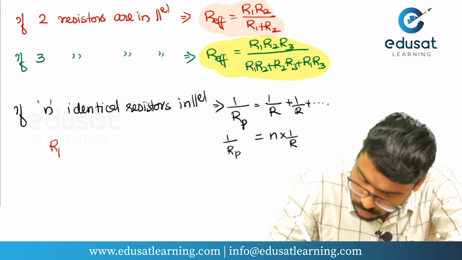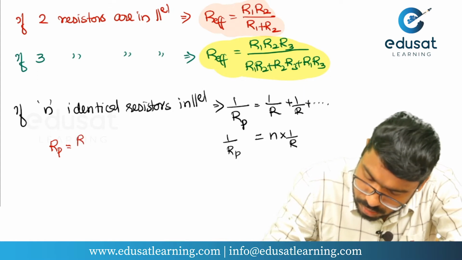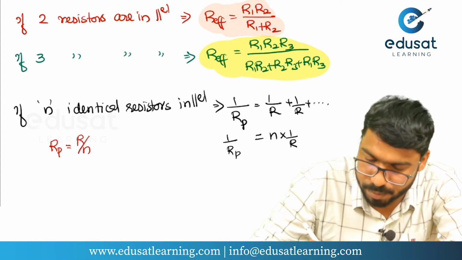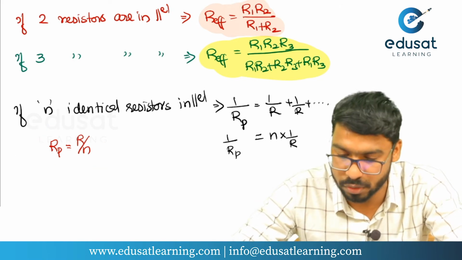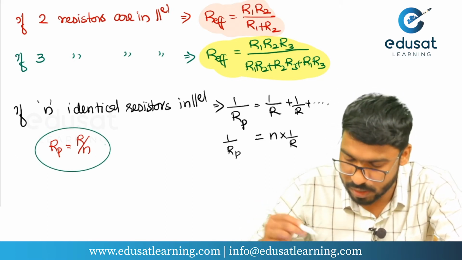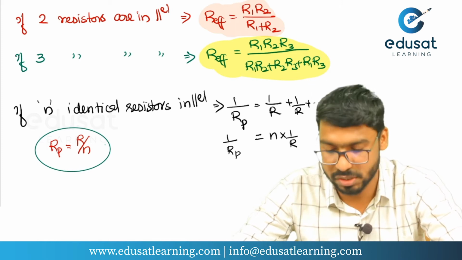Rp equals R by n when n identical resistances are connected in parallel.